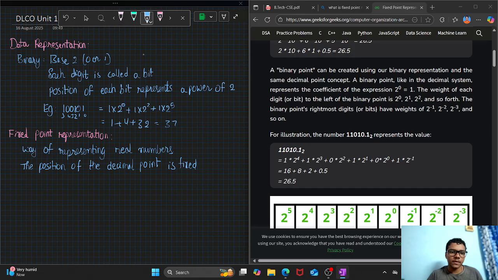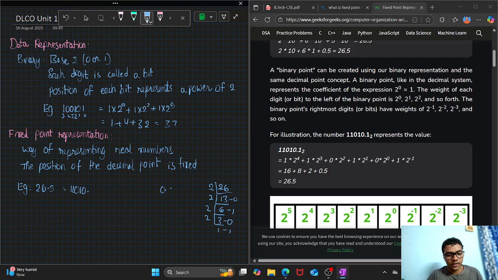Let's take an example. 26.5. How do you do this? We use the traditional way. I hope you have learned this in B.Tech. 26 divided by 2 is 13, remainder 0; 13 divided by 2 is 6, remainder 1; 6 divided by 2 is 3, remainder 0; 3 divided by 2 is 1, remainder 1; then 1. So 11010.